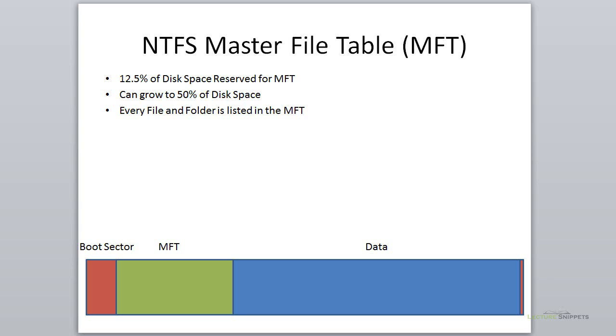And then, with the need for more space, if we have more files that need to be recorded, it can grow up to about half of your disk space. So it's going to be different in size, but it does start off at about 12.5% and can grow up to about half of your partition's size. And like I said before, every file and every folder and every object is stored in this master file table.